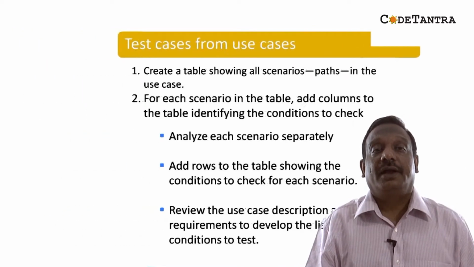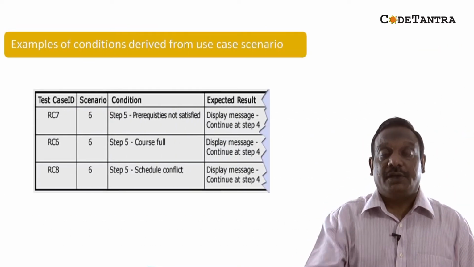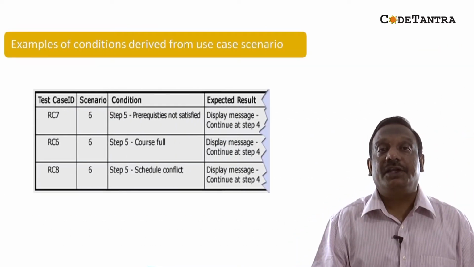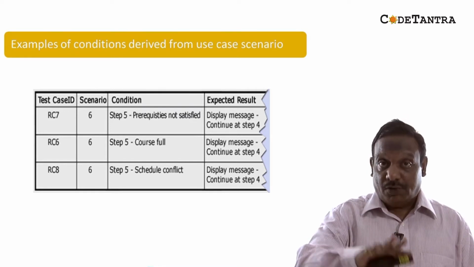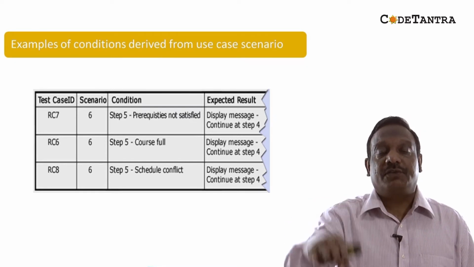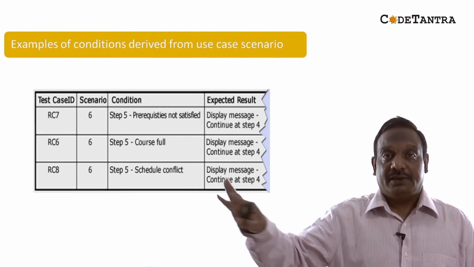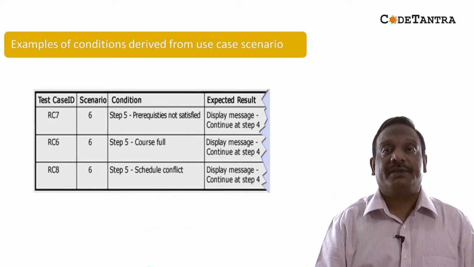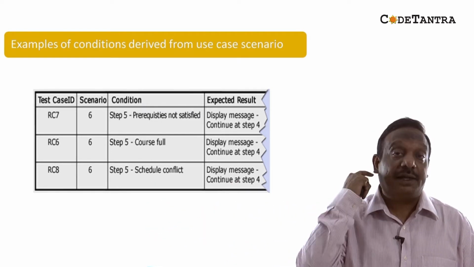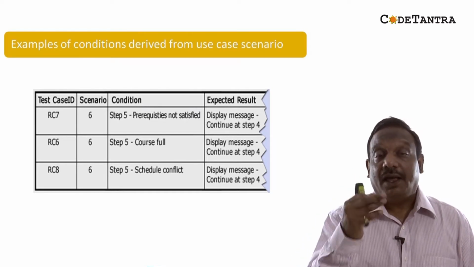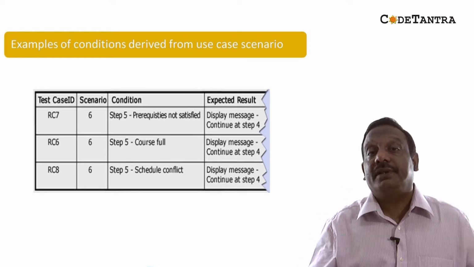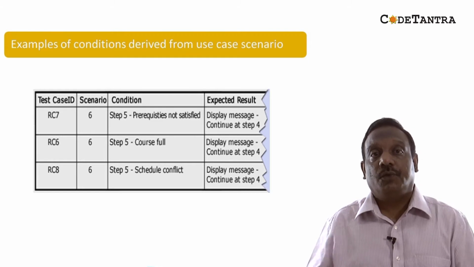So here in your diagram for scenario 6, you have put all the conditions. In step 5, one thing that can happen is prerequisites not satisfied. That is why the use case will display a message and we have to continue back at step 4. Another condition that can happen is that the course is full. That is why we cannot continue.